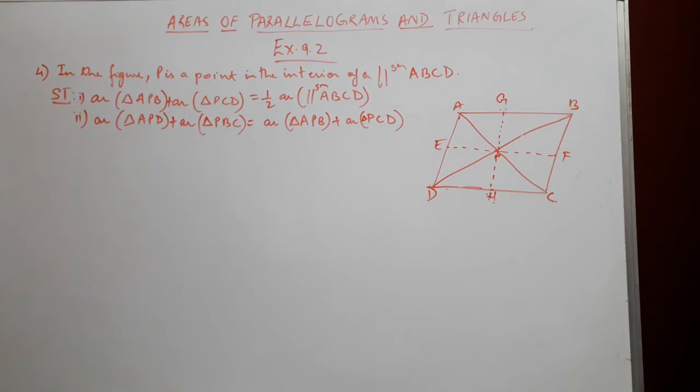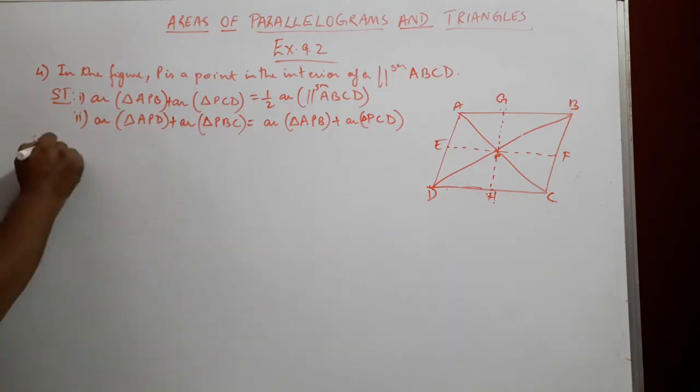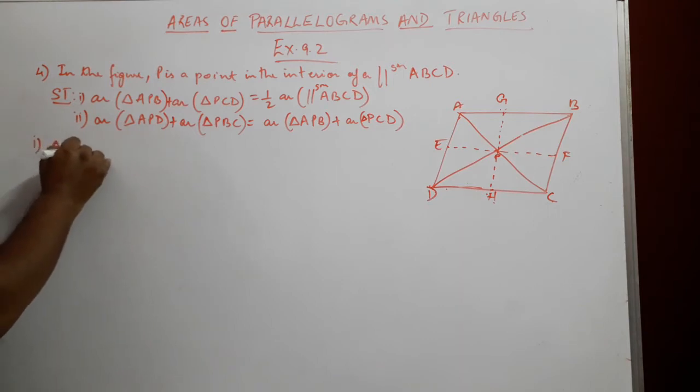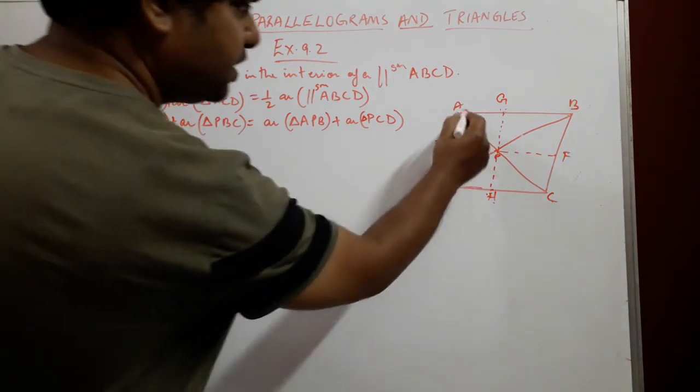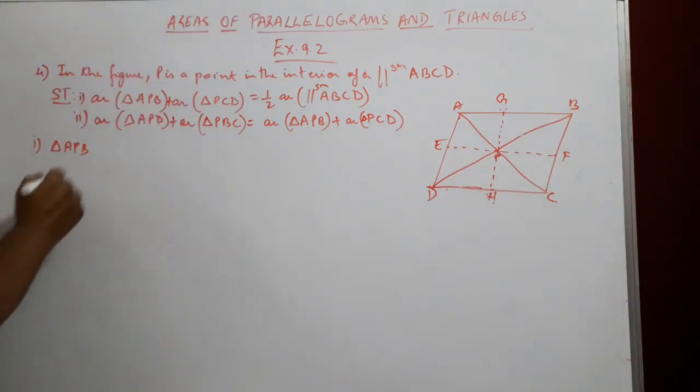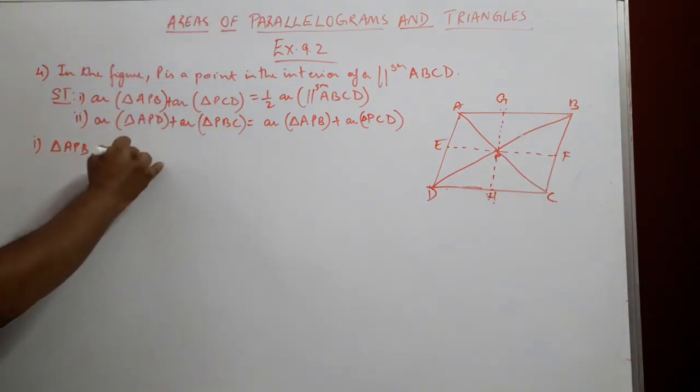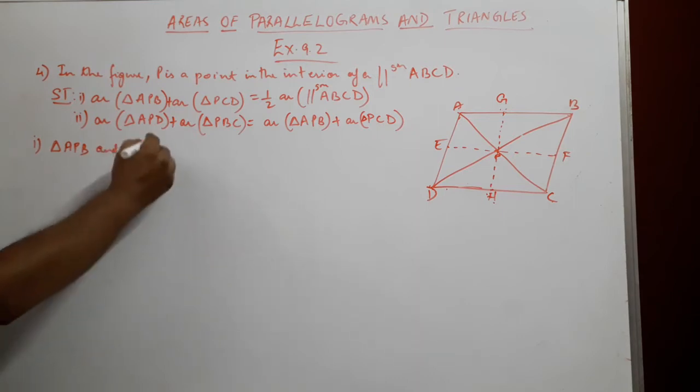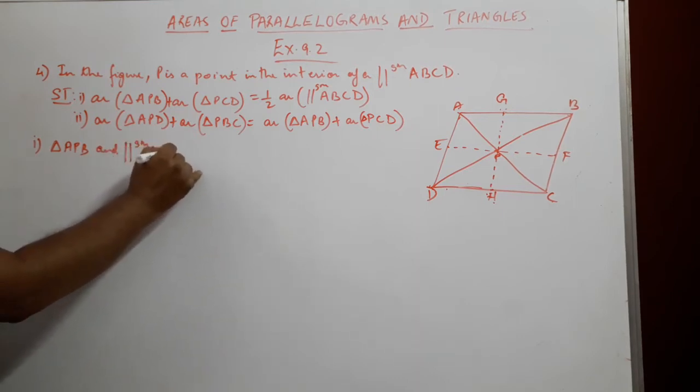After showing the construction, we will go to solve the first one. Okay, and we say that triangle APB and parallelogram ABFE.